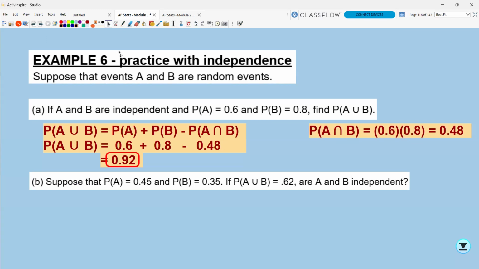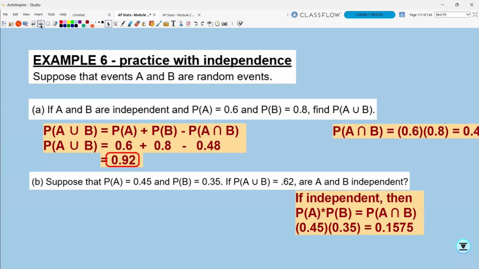Part B. Suppose that the probability of A is 0.45 and the probability of B is 0.35. If the probability of A or B is equal to 0.62, are A and B independent events? If they're independent, then the multiplication rule should kick in, so you can multiply 0.45 times 0.35 and get 0.1575. But let's see if that actually matches up in our equation.